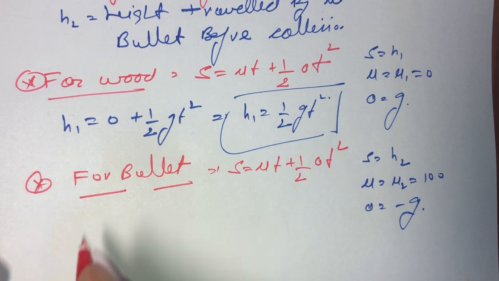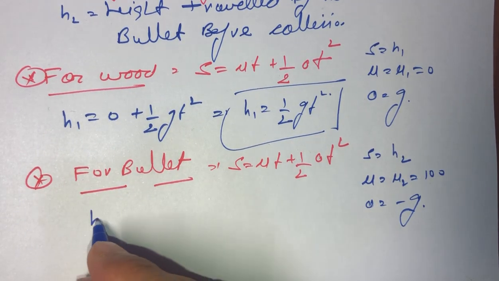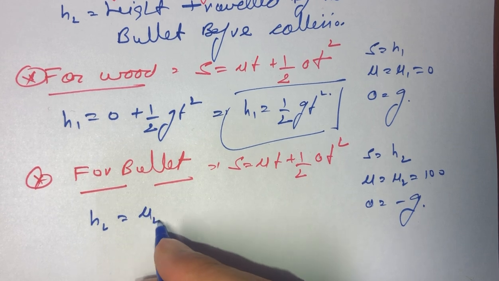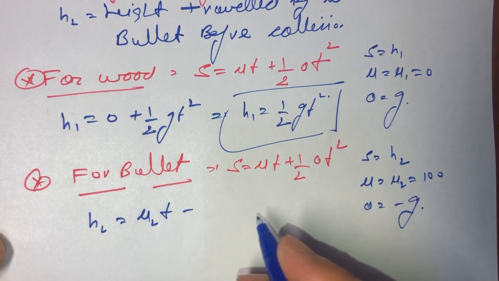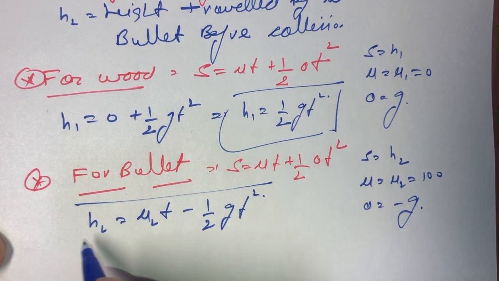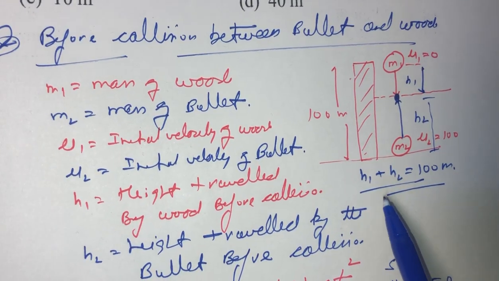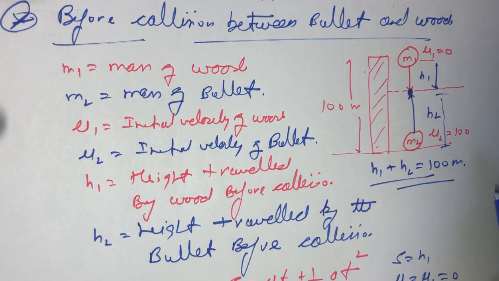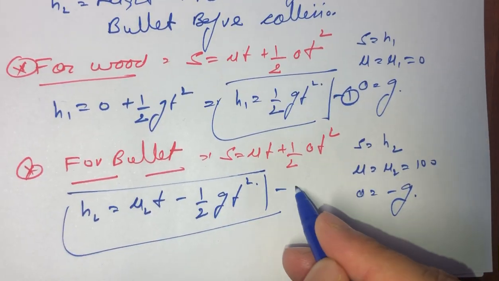So here we can write that s2 is equal to u2t minus half gt square. Now we already said that h1 plus s2 is equal to 100 meters. Let this be equation number 1, and this we call equation number 2.